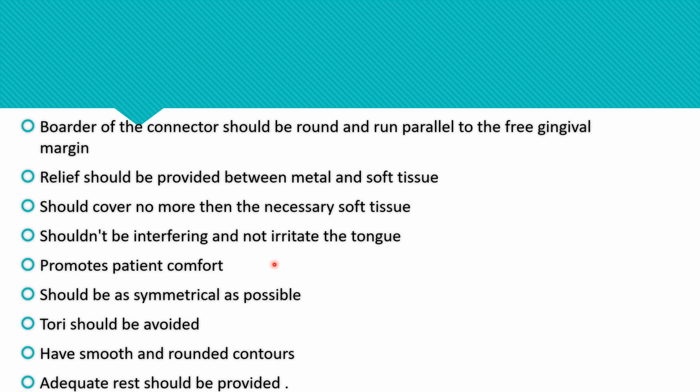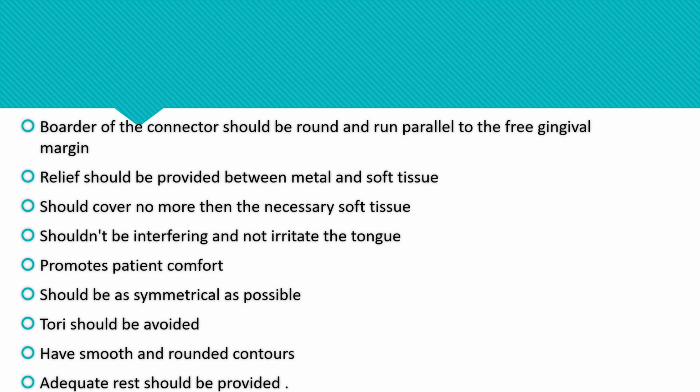Tori should be avoided, as I explained previously. And if you can't avoid a torus, then you have to provide relief to the torus area. The major connector should have smooth and rounded contours, and adequate rest should be provided.